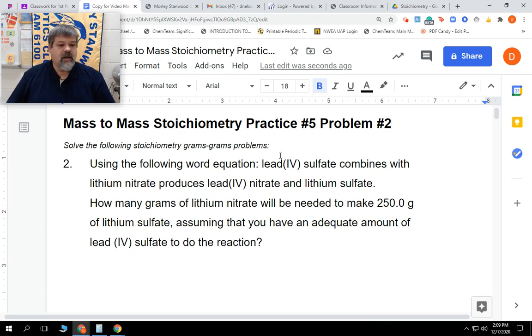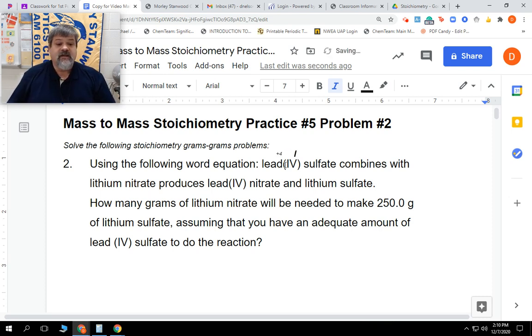So we're going to do the word equation and change it to a skeleton equation using the formulas. So we have to do the nomenclature. We're going to start off by looking at this one right here. We have lead-4 sulfate. That means it's a type 2 because there's a Roman numeral. So the charge of the lead is going to be +4.